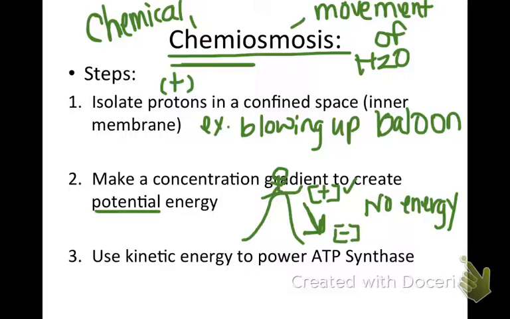Once you have so much potential energy, that balloon's going to want to pop or release all that chemical energy, that potential energy, and turn it into kinetic energy, which is going to be using kinetic energy to power ATP synthase.